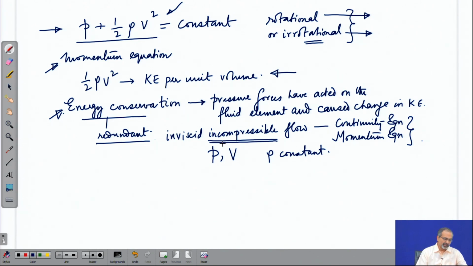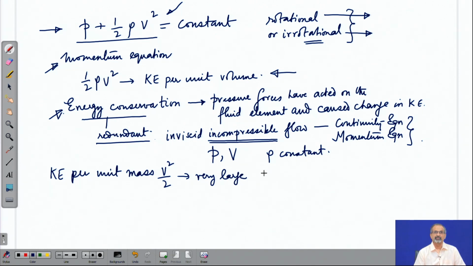However, we may recall an earlier discussion when we were deriving the conservation equations and we came across the energy equation derivation, that when it comes to a high speed flow, then when you look at the kinetic energy per unit mass of a moving fluid element, which is v square by 2, this becomes very large, and it becomes so large that this starts playing a very dominant role in affecting the flow properties.